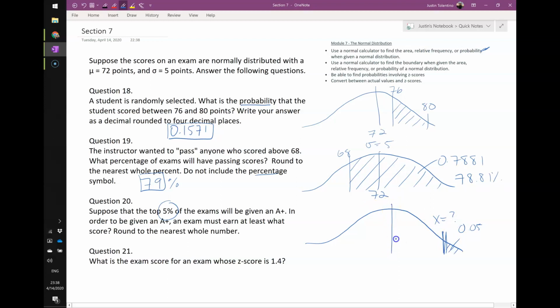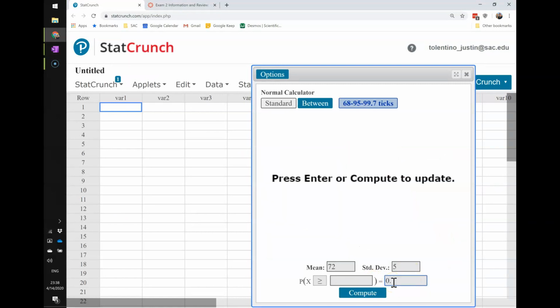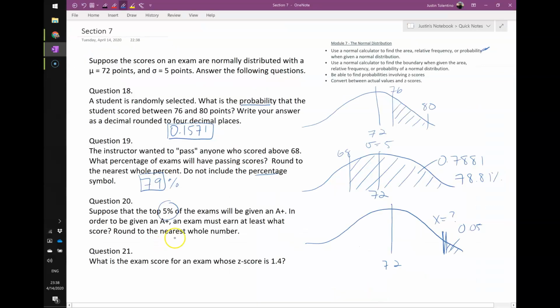So this is just going the opposite. So how do I put this into StatCrunch? I know that the area is going to be 5%. And it's on the upper side, so I leave it at greater than. And when I do compute, it'll give me that boundary. So it's an 80.22. And it says rounded to the nearest whole number, so this would be 80.